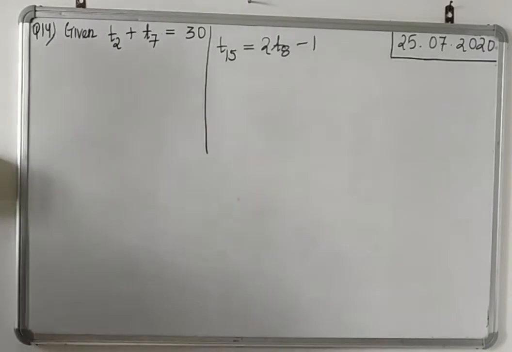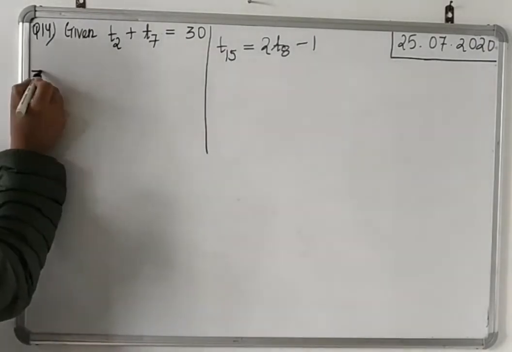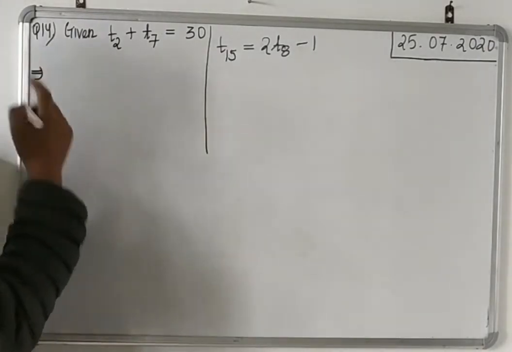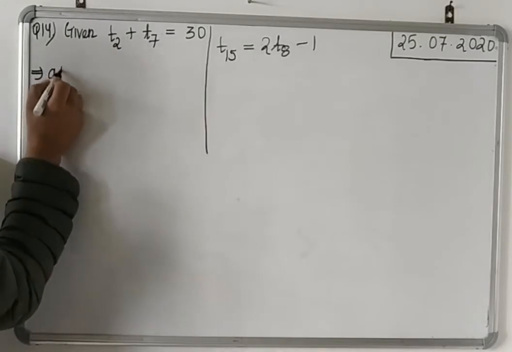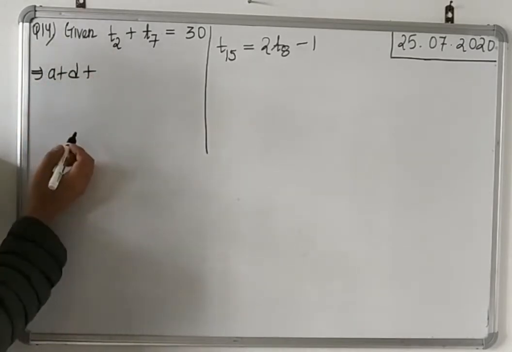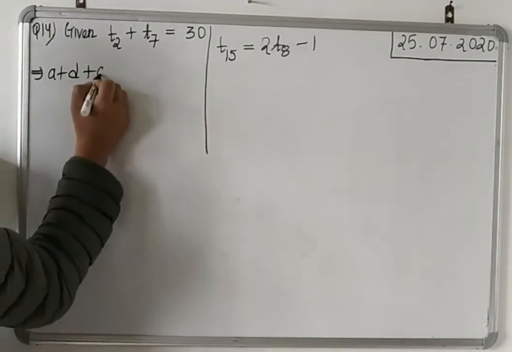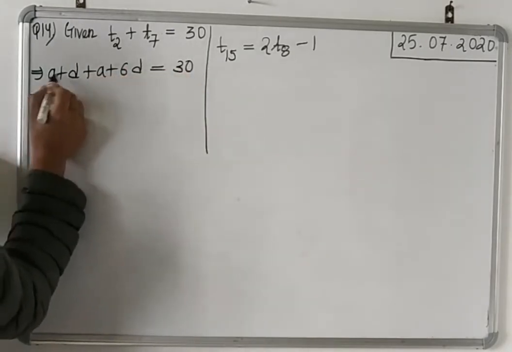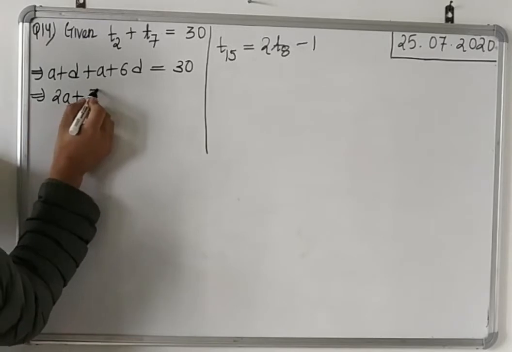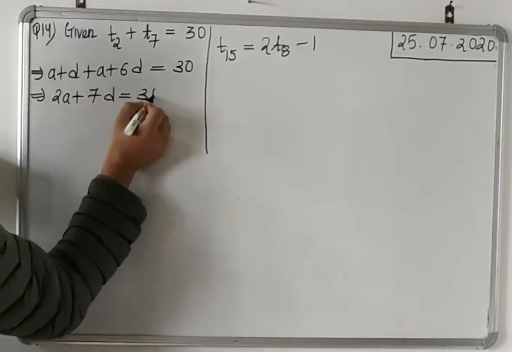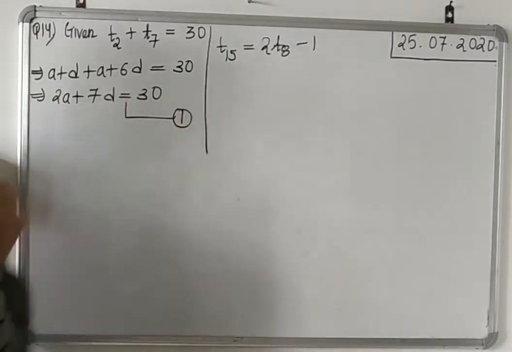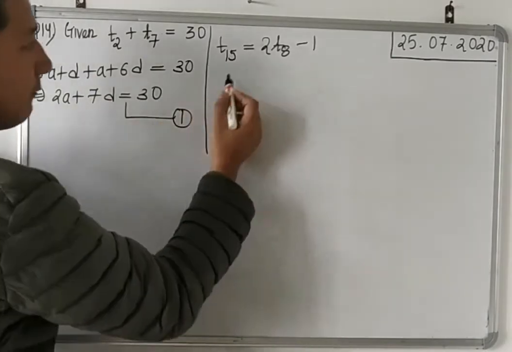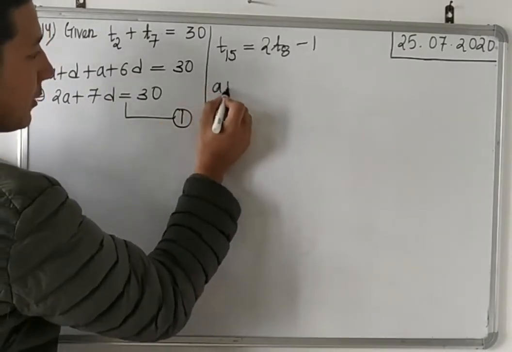We know T2 means A plus D, and T7 means A plus 6D, which is equal to 30. Simplified, A plus A, 2A plus 7D is equal to 30. Keep it as equation number 1. Now T15 means A plus 14D.